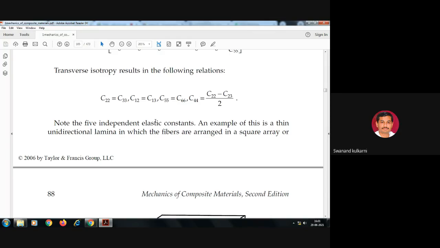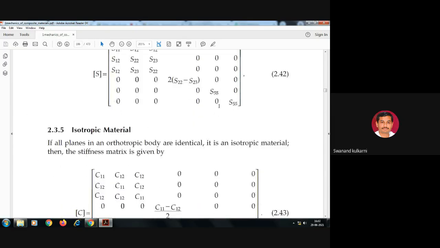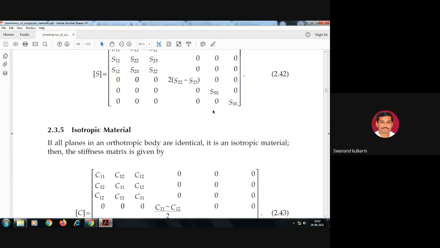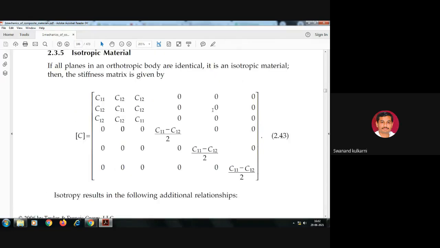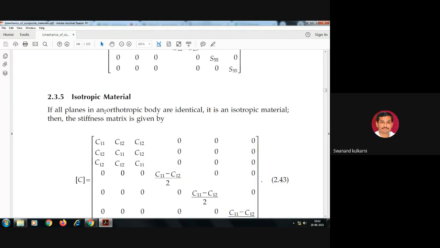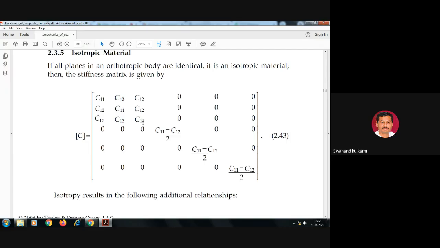Then in the third case, transversely isotropic, 5 independent elastic constants are sufficient. And if we consider the isotropic material, we know that only C11 and C12, these two parameters, will be used here, and that's why for isotropic material only 2 elastic constants are sufficient.